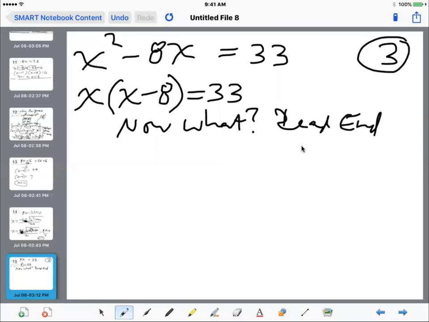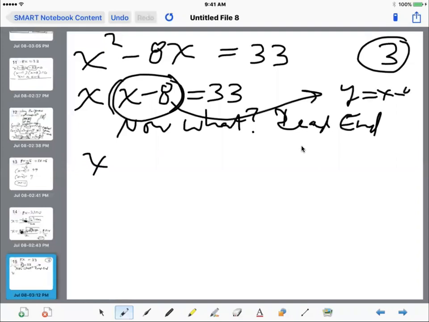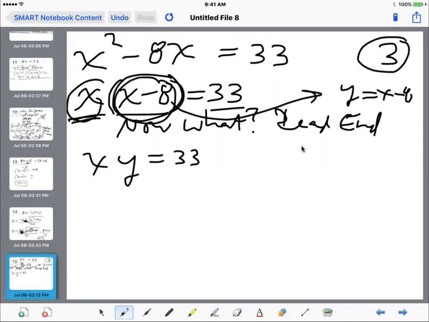Seems like we're stuck, like a dead end. But it's actually not a dead end because I'm going to temporarily replace this x minus 8 with a y. Because here I have two things that multiply to give me 33, just like x times y equals 33. But those two things, x and x minus 8, x is bigger than x minus 8 by 8.